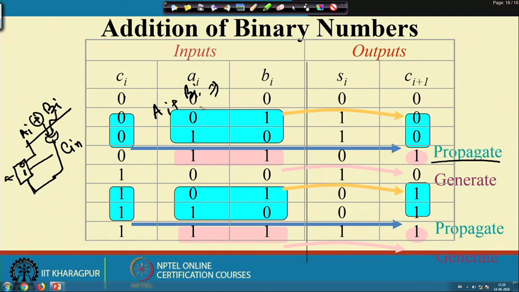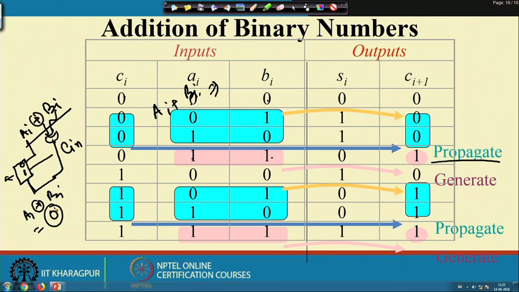No. For 0 and 0, for 1 and 1, this A I XOR B I will be 0 in both cases. So, at that time I need to select this 0 line, and at that time the output of C i is 0 at this point and 1 here, and the same for 0 0, for 1 1, for 1. Okay.